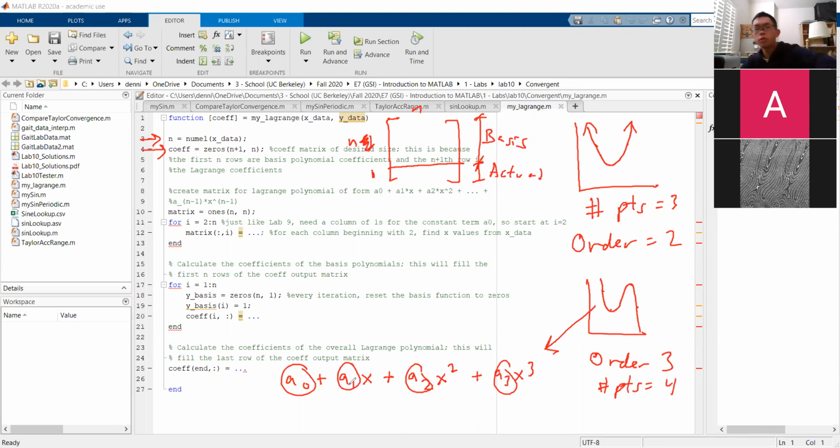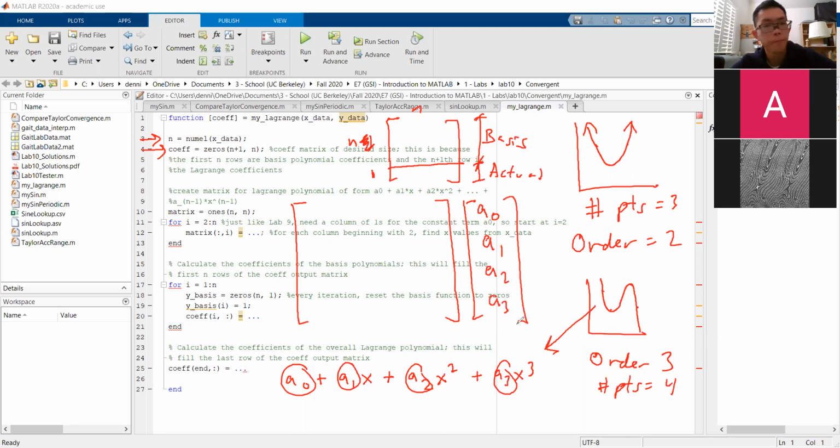So we're going to pull this out, and I'm going to see. Okay. Let me erase. I'll erase this eventually, but I just want to use this spot for space purposes. Here's how we're going to write this in matrix notation: A0, A1, A2, A3. And over here, we're going to put 1, x, x squared, x cubed.